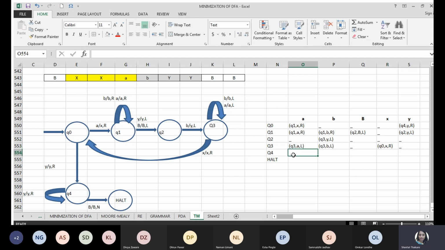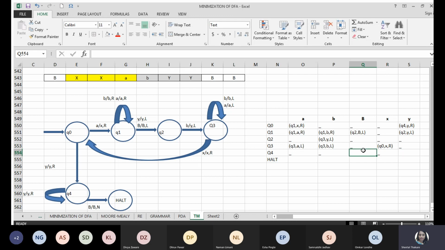What else is remaining? Q4. Q4, say you will find 2 outgoing arrows, one on y, another on capital B. So this will be dash, this will be dash, y and capital B entries only you are supposed to do.